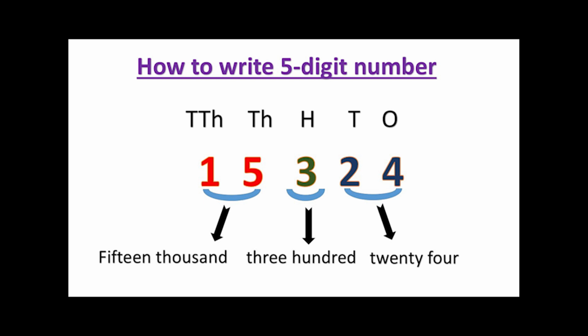So the last part is 24. So it has 3 components. The first comes from these 2 digits, the second part comes from this 3, and this is the third part.